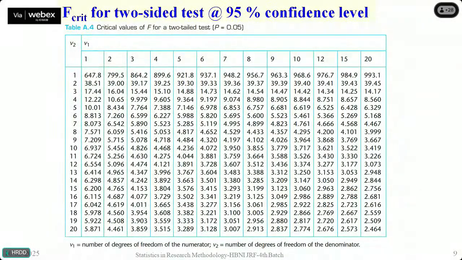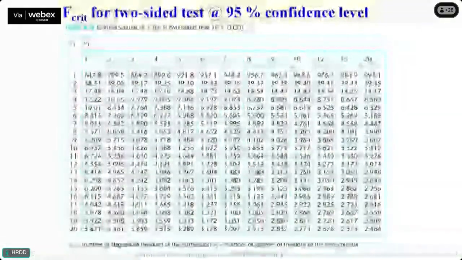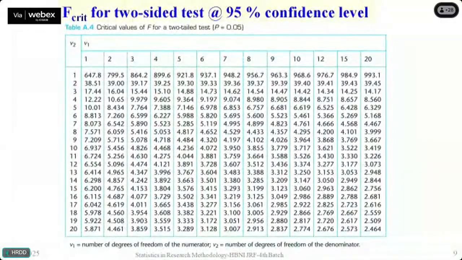In the case of the F table, when you refer to the internet or a textbook, they give you in the footnote how to read it. Take time to read the legend, title, or caption of any table before using it. They usually mention it.